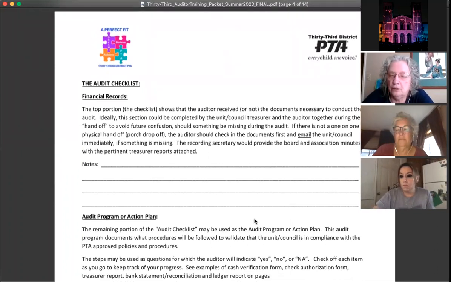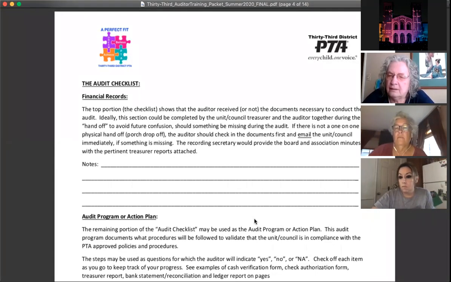The board would be looking for this position, so board members can go out and ask if anybody wants to be on the review committee. It could be another board member, like a fundraiser or another position that's not related to the financial team.